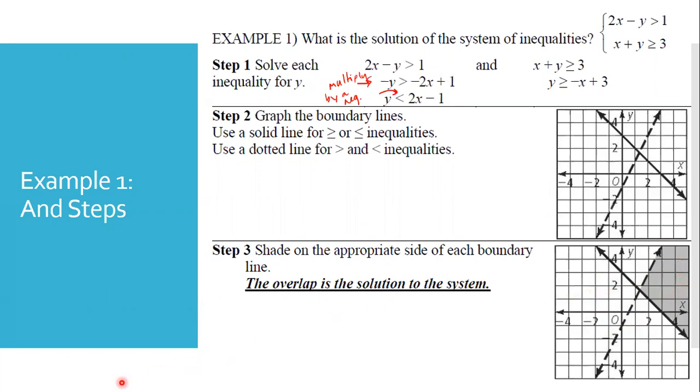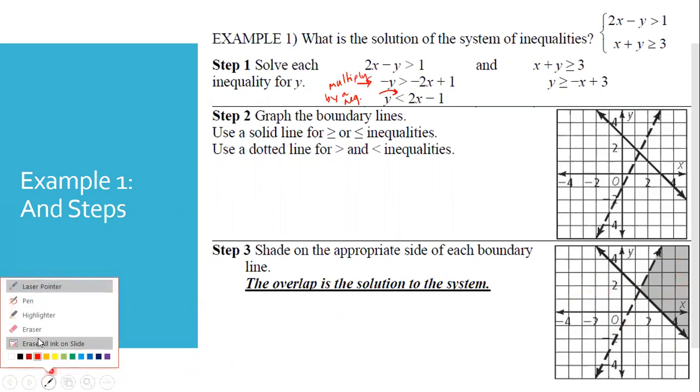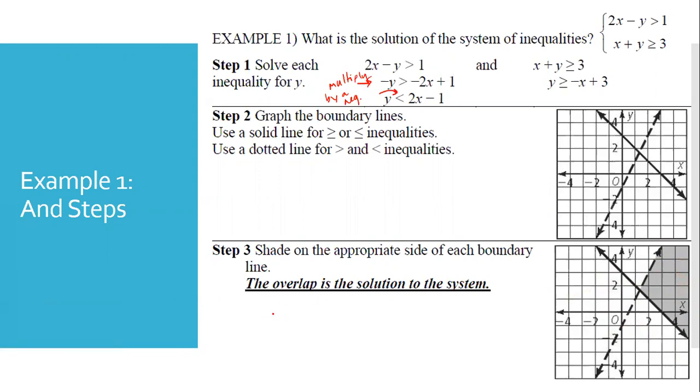When you're shading, how do you know what to shade? If you are less than or equal to, you're going to shade below the boundary line. If you are greater than or equal to, you're going to shade above the boundary line.